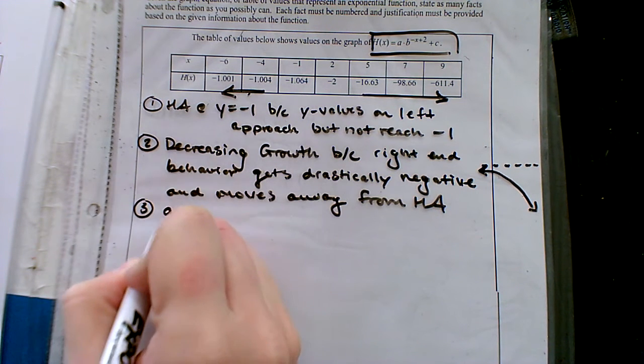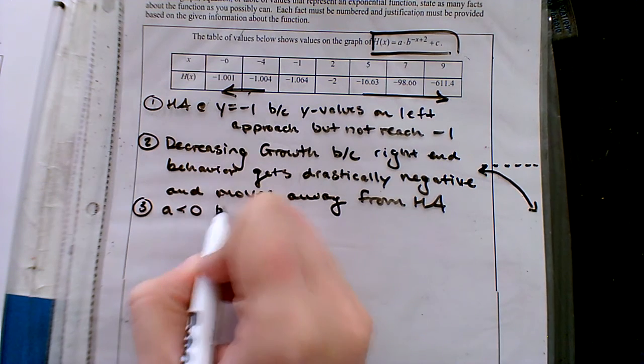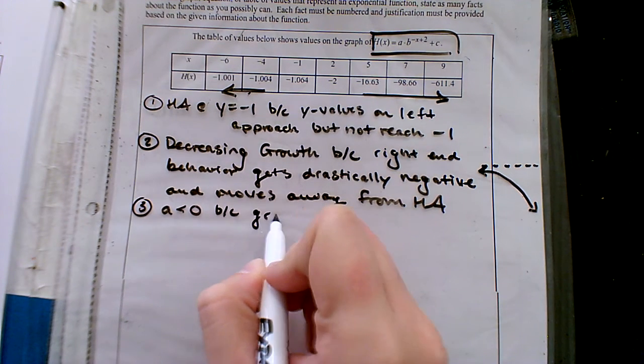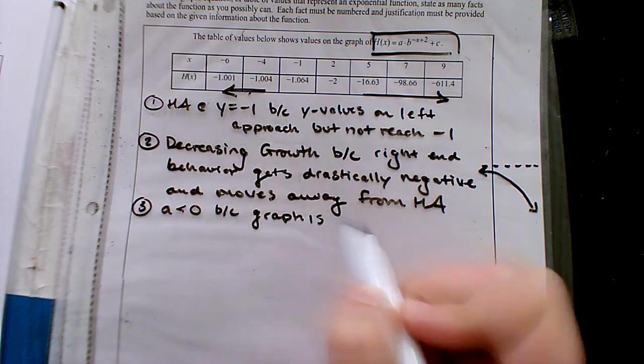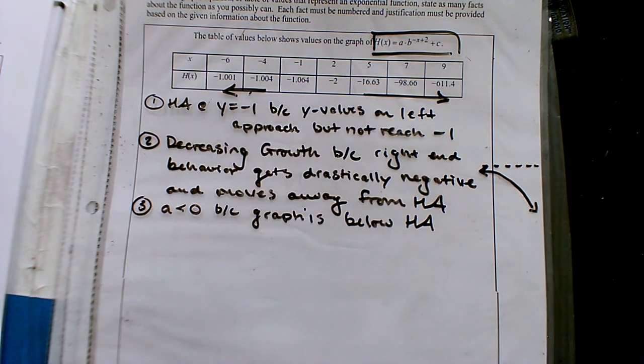All right, so in the equation, A is negative, less than 0, because the graph is below the horizontal asymptote. Okay, so now we're starting to actually make a connection here between what the table is telling us and how that is related to the equation.